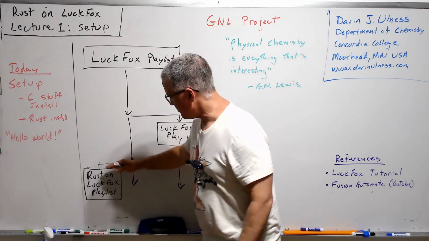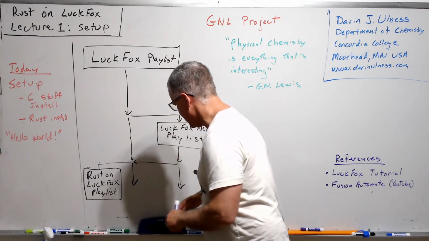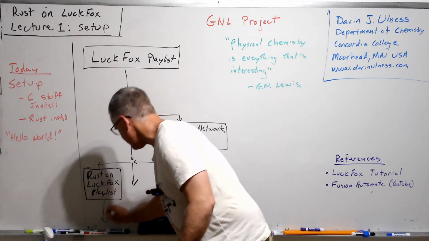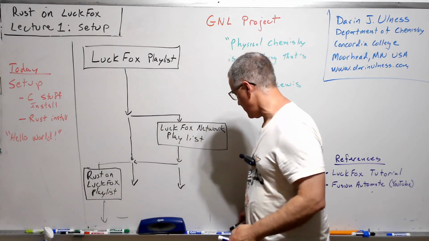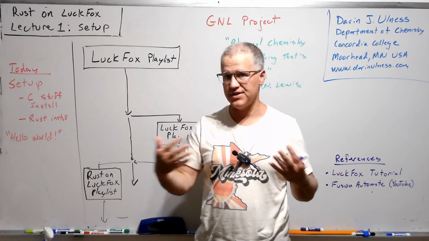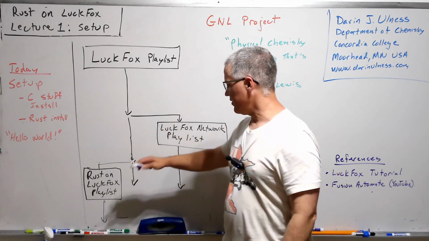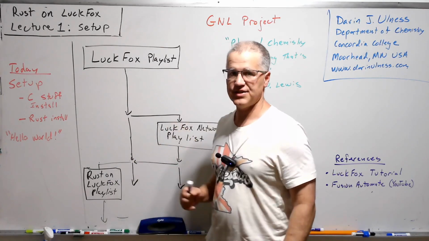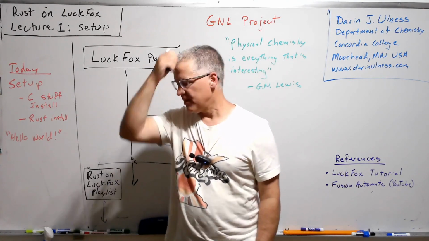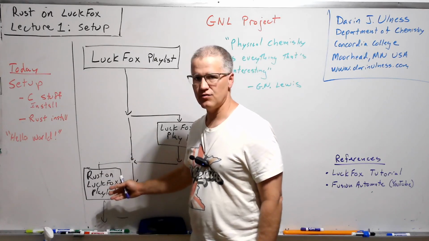And then in this new playlist, we'll be focusing solely on Rust. Now there might be some interfaces here, where Rust utilizes the network and that sort of thing, but this will be primarily Rust.